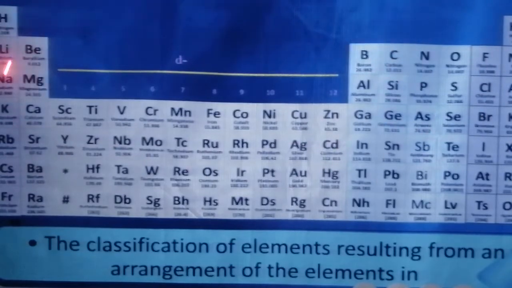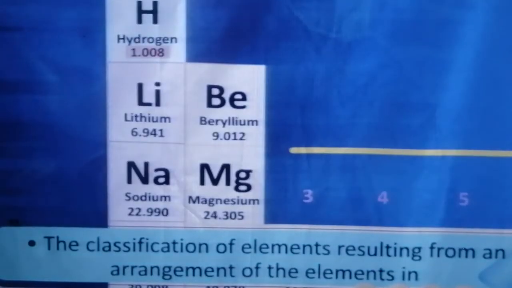In the periodic table, the groups and periods are present. Hydrogen, lithium, sodium, beryllium, magnesium. Atomic mass number here is given.